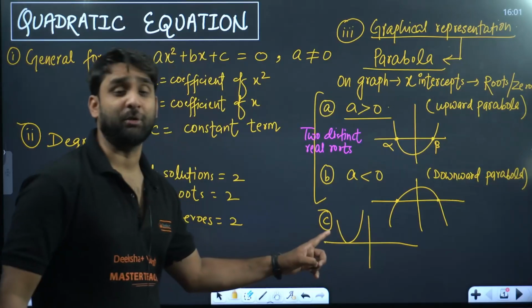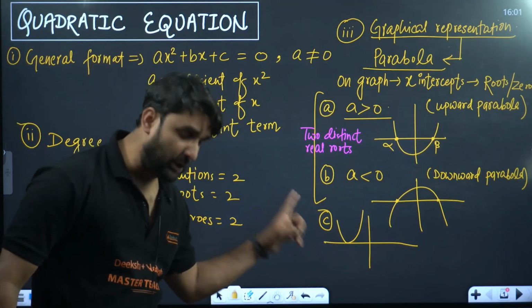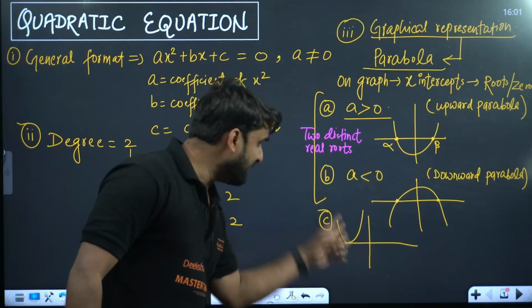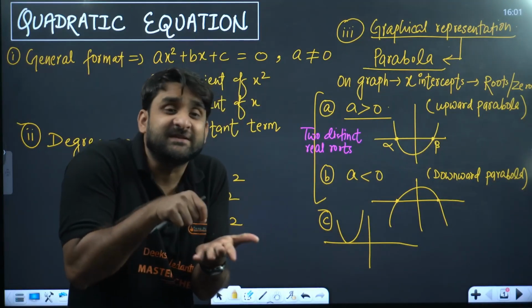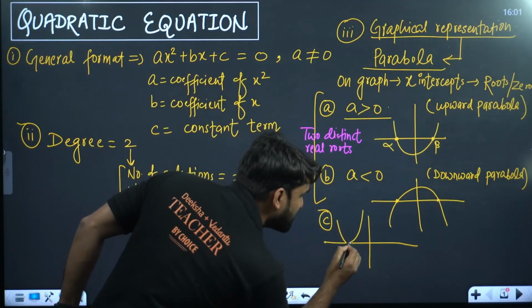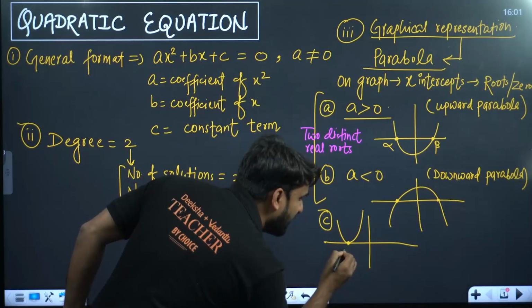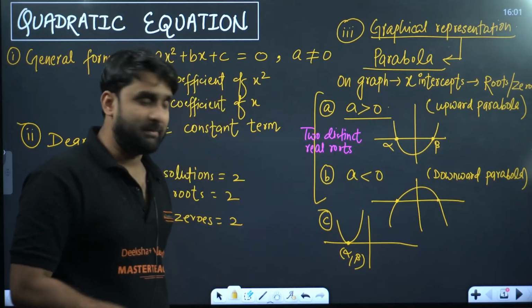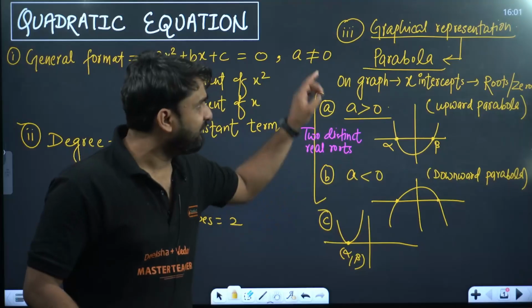Yes, this is also possible, because in this case, the parabola is just touching the x-axis. And if it is just touching the x-axis, this point will be alpha and beta both. Both roots will be here. The parabola is indicating the graph we are drawing.